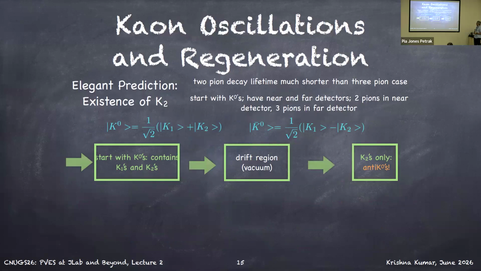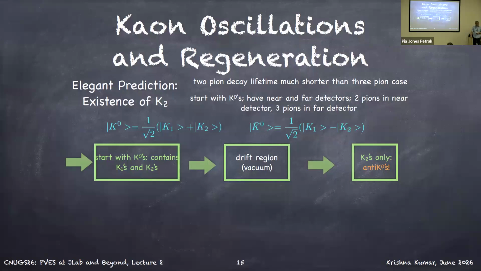You take a K0 beam, which they knew how to make, and the K0 is a linear combination of K1 and K2, because that's how you constructed it. So there are K1s and K2s. Now you let this go for a while, and all the 2 pion decays will go away, and there will only be 3 pion decays left. But we know that if it's only 3 pion decays, it's K2s. So you started off with K1s and K2s, and you're only left with K2s.